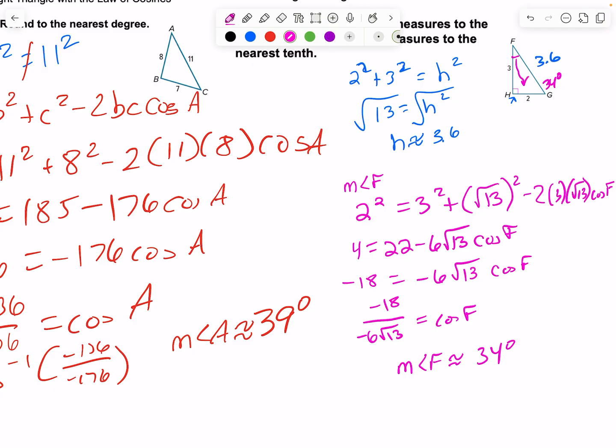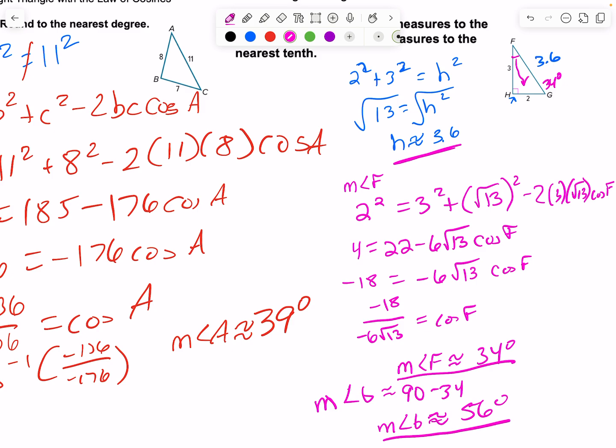But now the measure of angle G, the one we're needing, is 90 minus 34, because I know that the two missing angles have to add to 90 degrees, which makes the measure of angle G about 56 degrees. So we found the missing side length and both of the missing angles.